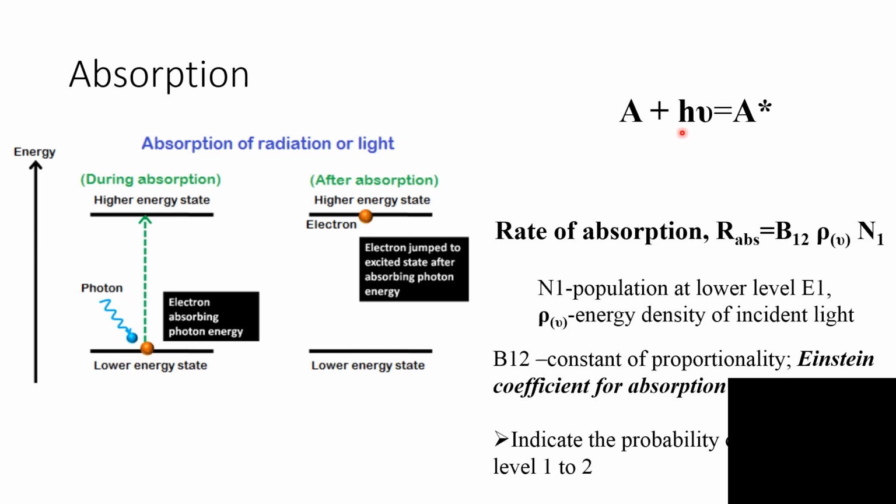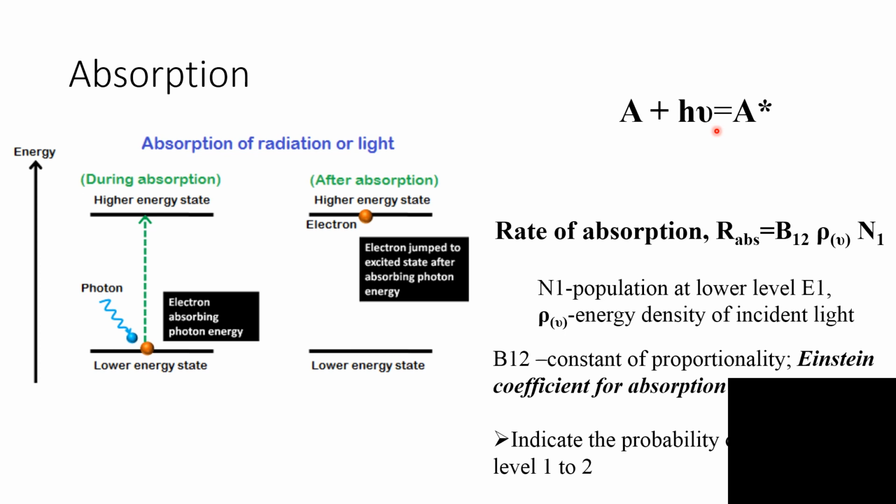When this energy of the photon is absorbed, this energy level gets excited. This star shows that this energy level has got excited. So all that process we have summarized in this simple line in the form of math.